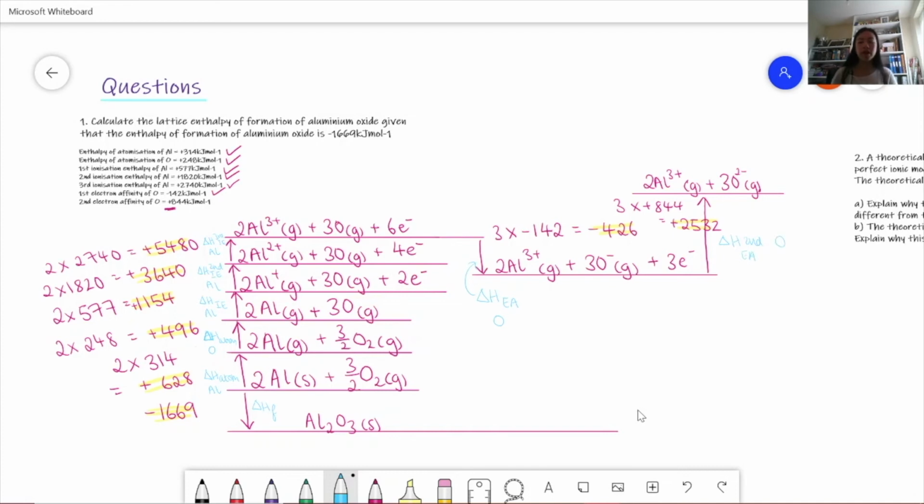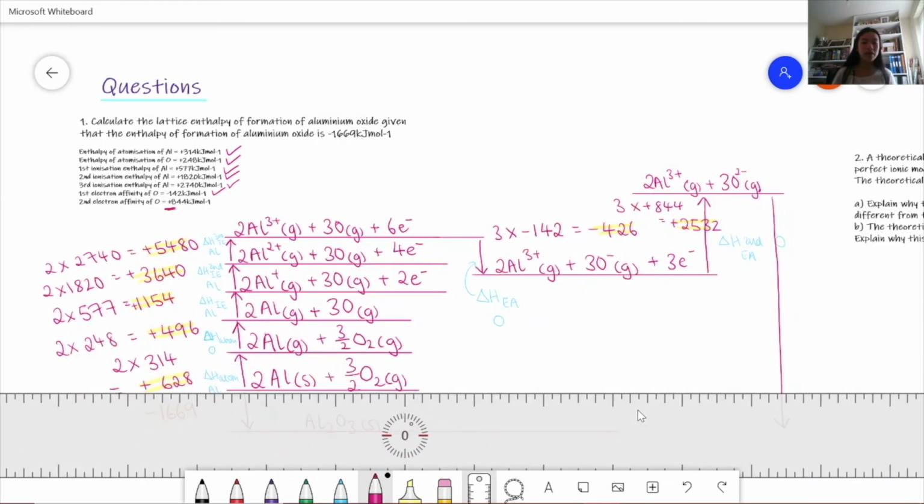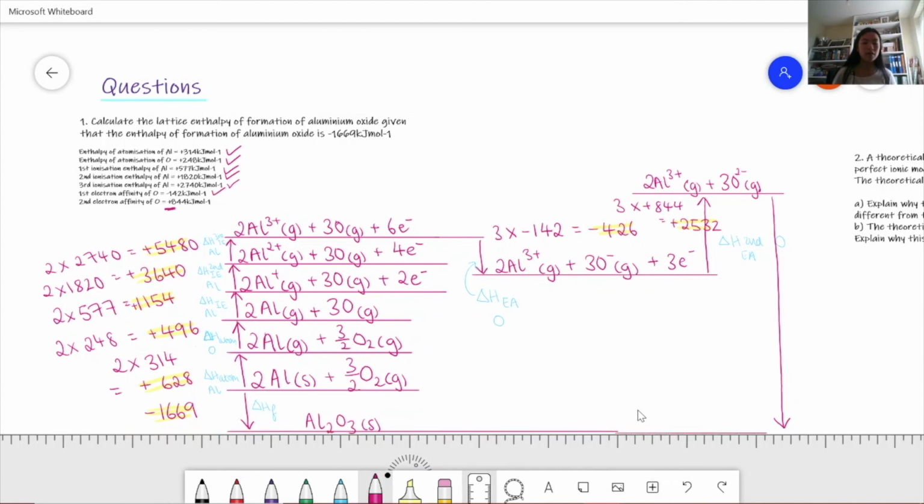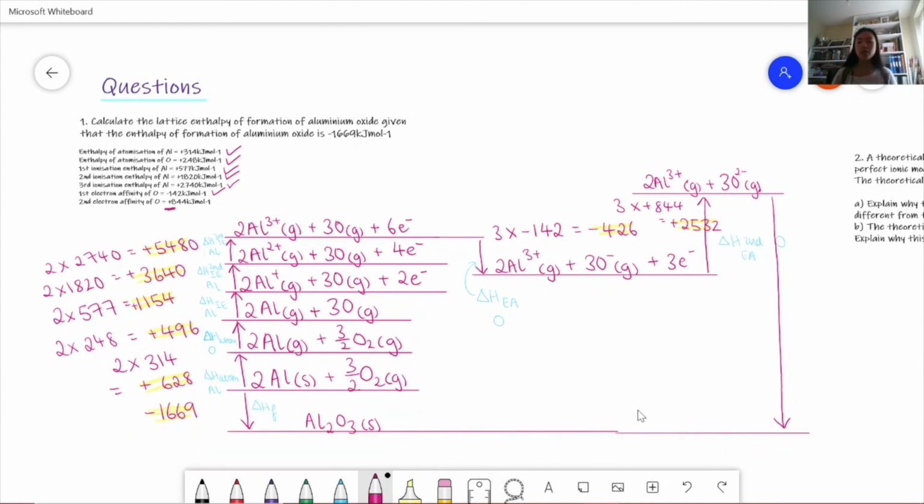And then what we have is, now you can see that we've ended up with the lattice enthalpy of formation equation, because we've got these two Al3 plus gaseous ions and three O2 minus gaseous ions, and they come together to form this solid ionic compound, this aluminium oxide. And so if we draw an arrow straight down and we extend this bottom line further, this will give us our value for this lattice enthalpy of formation.